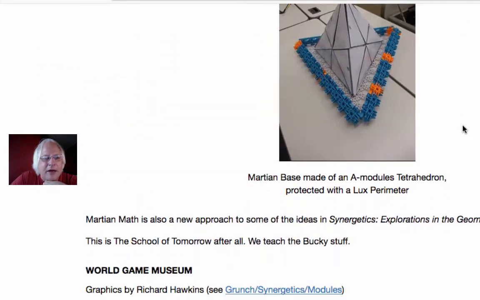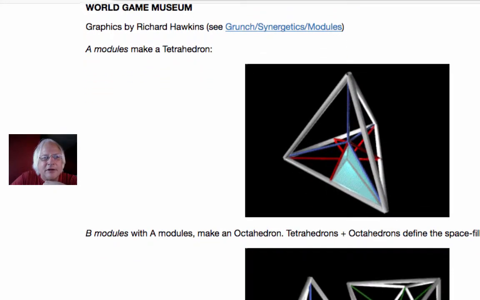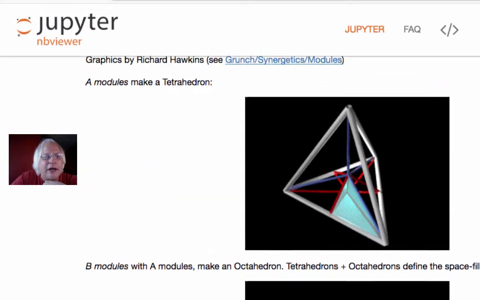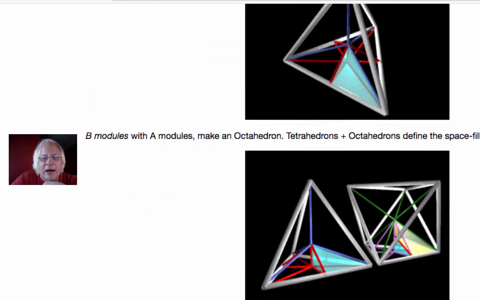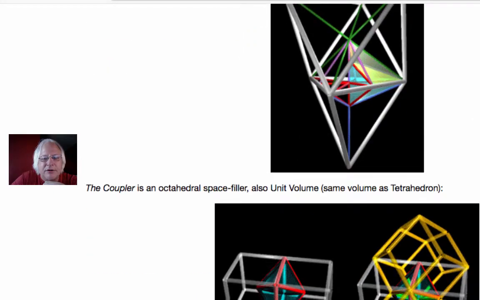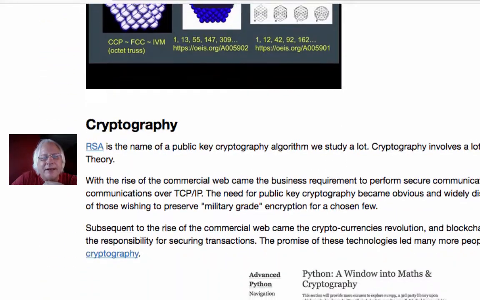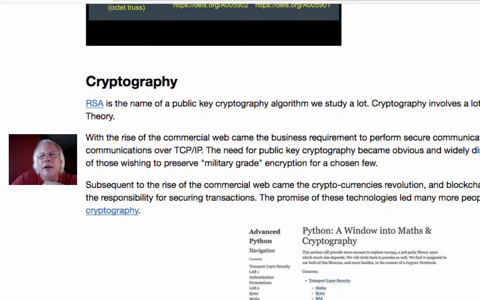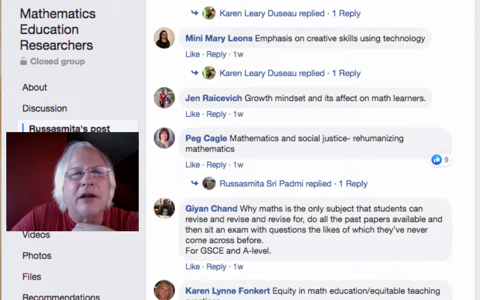So the ball got dropped in most circles, you could say, including math circles. But we still have our World Game Museum where we look back on this period and talk about, so why did people choose to not explore this thread and take it further? That is interesting history.